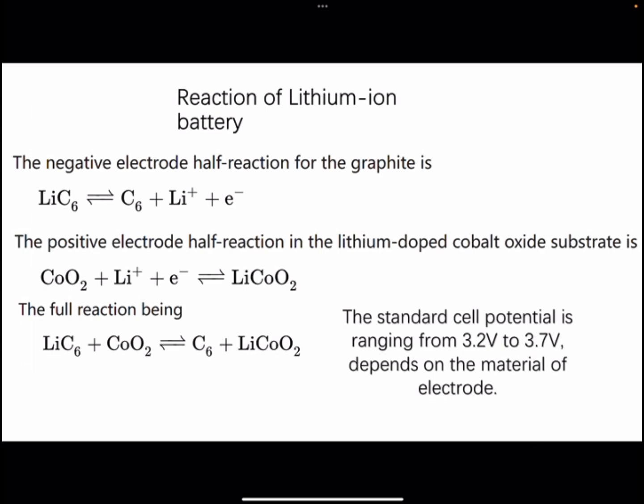Then let's take a look at the reaction of the lithium-ion battery. So the anode side is the process to consume. You can regard this as LiC6, because C6 is a container of Li metal. So you can see this whole entity as Li plus C6, and C6 is actually like a box that contains a lot of Li.